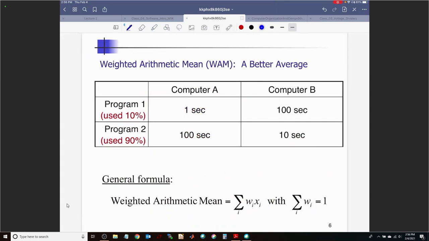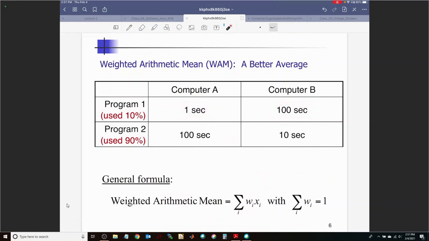The next averaging scheme is a weighted arithmetic mean. Now we are including the fraction of the time we are executing program 1 and program 2. It still takes the same numbers as the previous table: 1 second for program 1 on computer A, 100 seconds for program 1 on computer B, and so on.